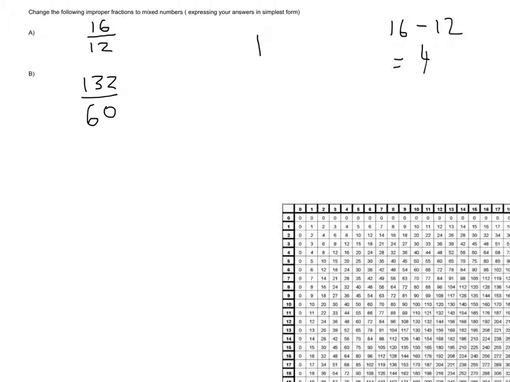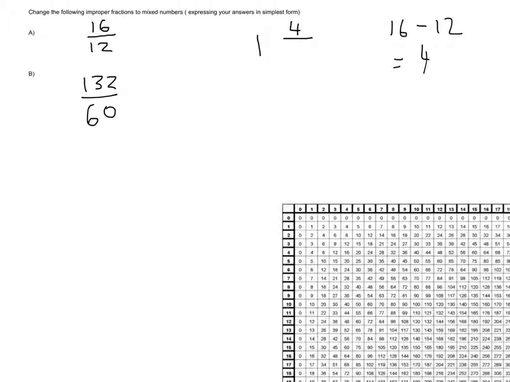So then this remainder, we put that as the numerator. So the remainder becomes the numerator. So we put 1, which is a whole number, because 12 goes into 16 once as a whole. And then we put the remainder up on the top here as the numerator.